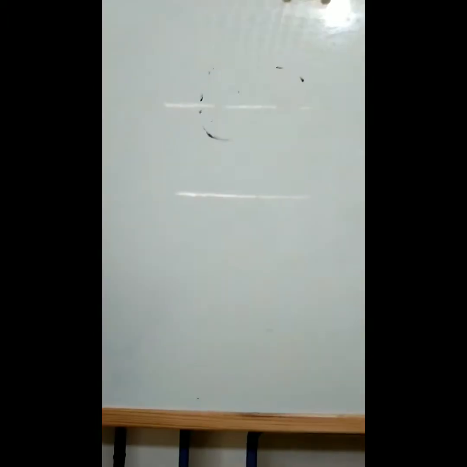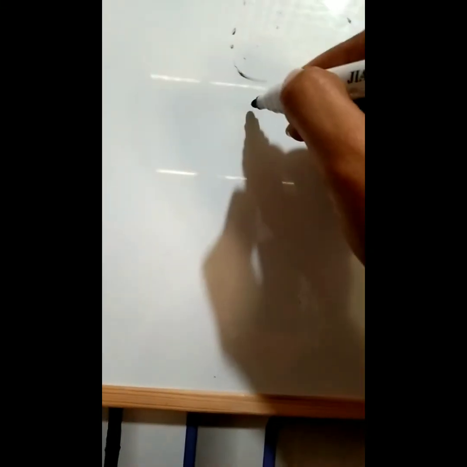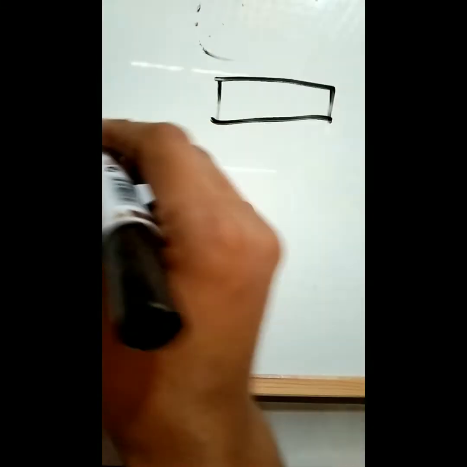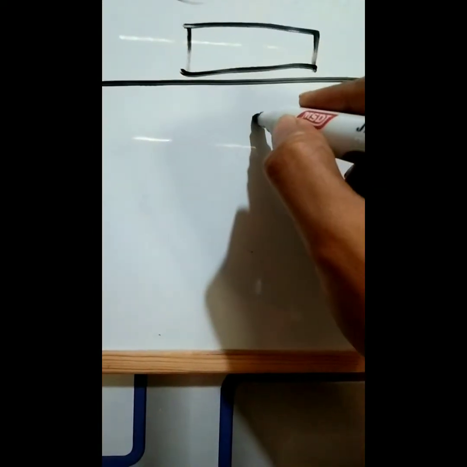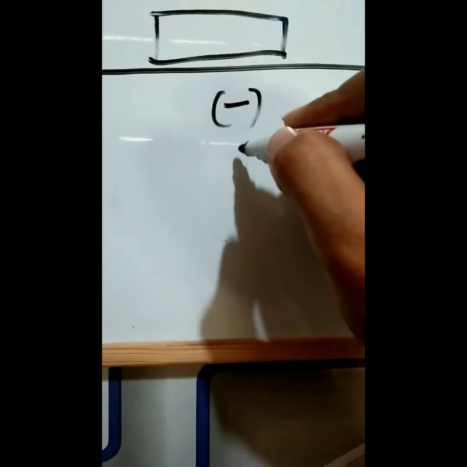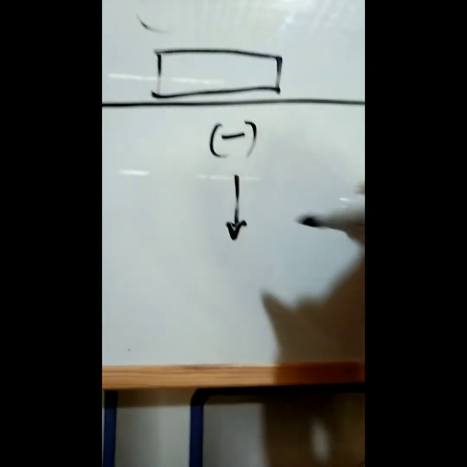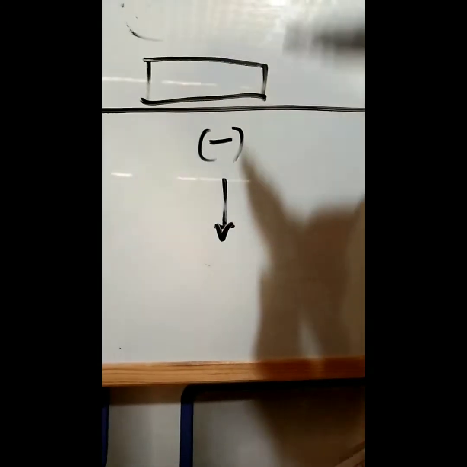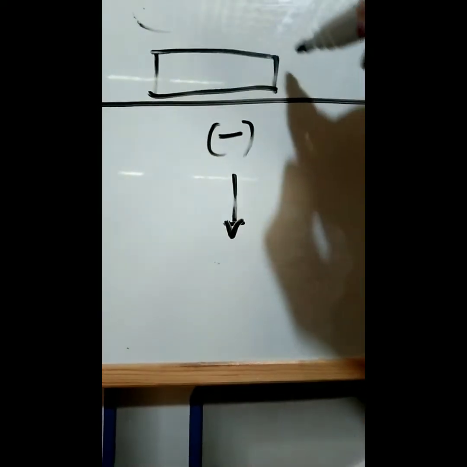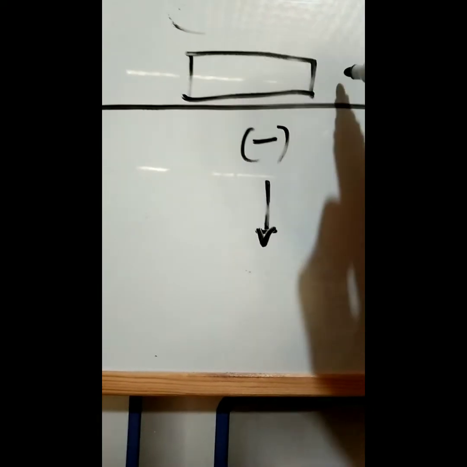Okay. All right. So if you still remember our examples with regards to the book, we have here the book and then the table. The force of gravity, the direction of which is towards the center of the earth, is negative. And then the other one, which is positive, is counteracting the force of gravity, which we call the normal force.